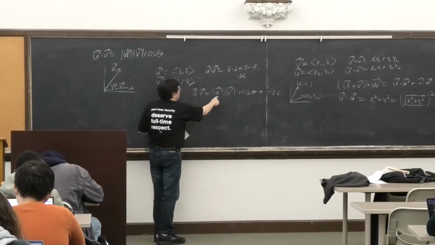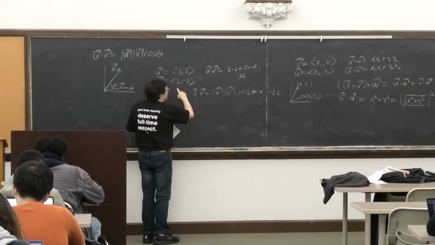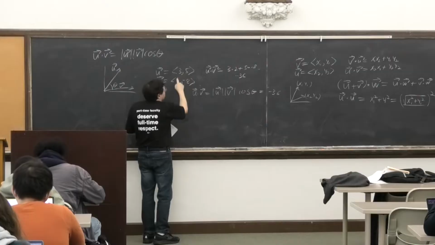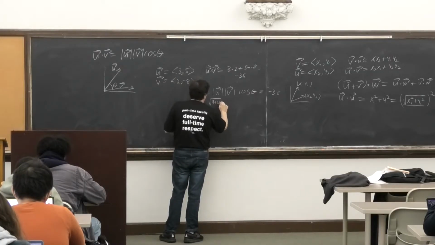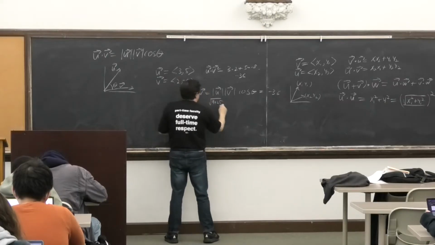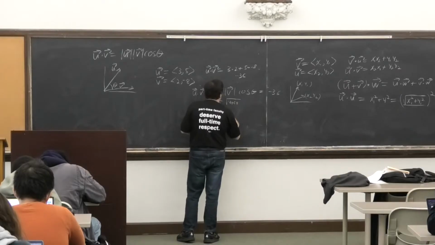So now we need to find the norm of u and the norm of v. This is the square root of 9 plus 25. This is the square root of 4 plus 64.